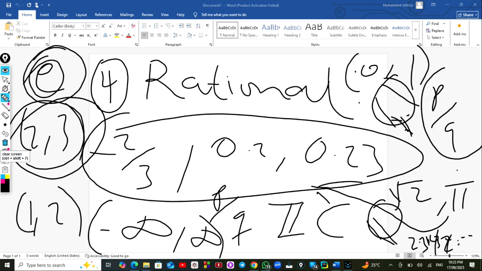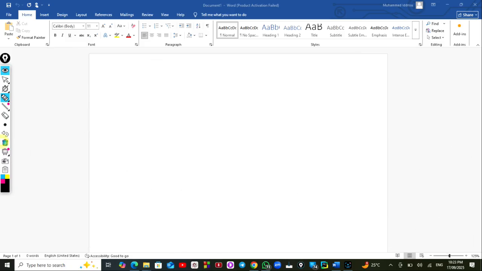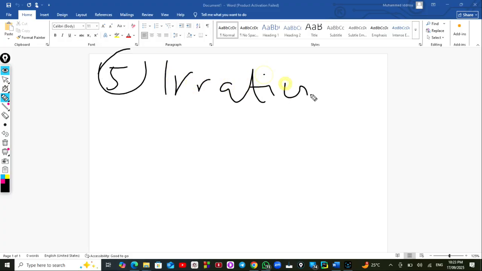Let's look at the next one. So 5, we are going to look at irrational numbers. So that's just the opposite of rational numbers.